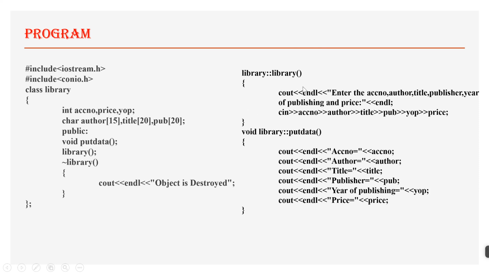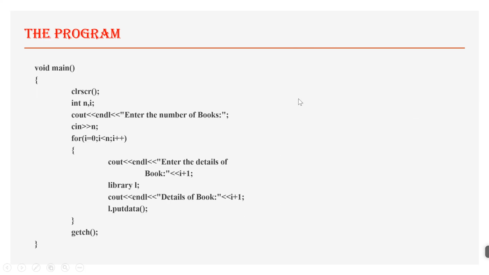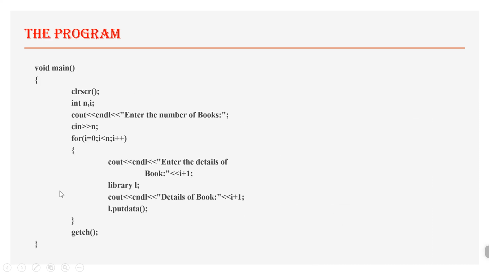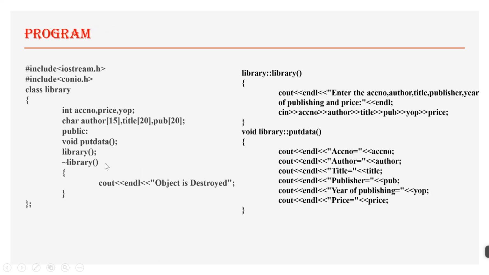Then once this is executed, I will call L dot put data. So the details will be displayed, and afterwards, automatically, before going to the next second book, that content will be destroyed.